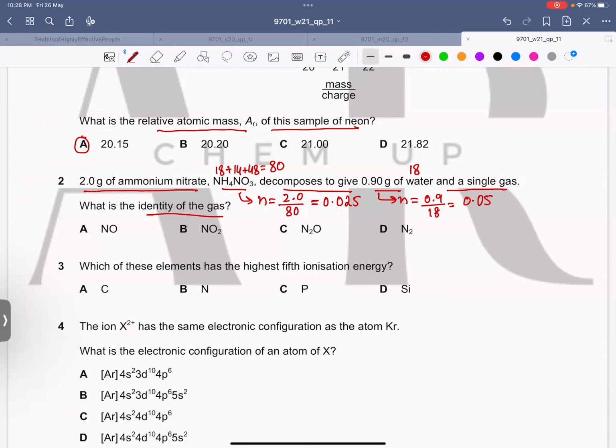0.05. So if you compare the ratio, whatever the moles of ammonium nitrate would be, the moles of water formed would be double the moles of ammonium nitrate, right?